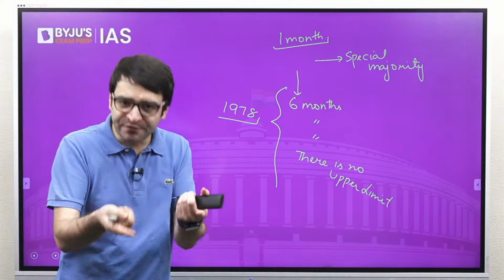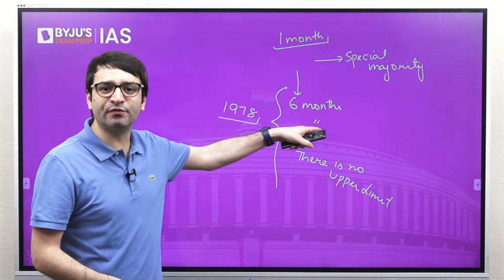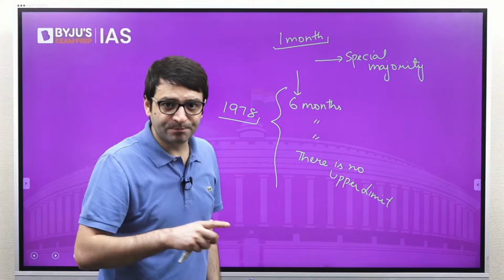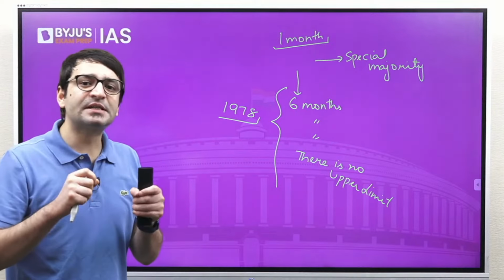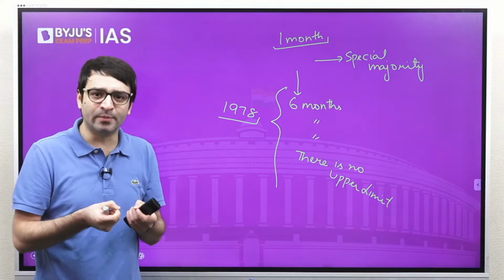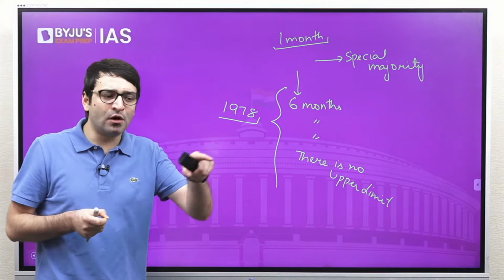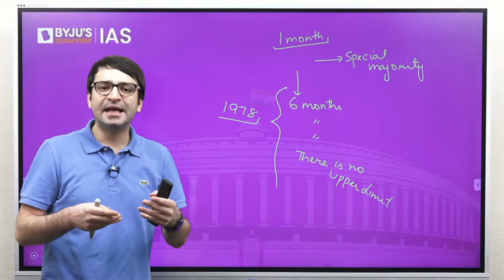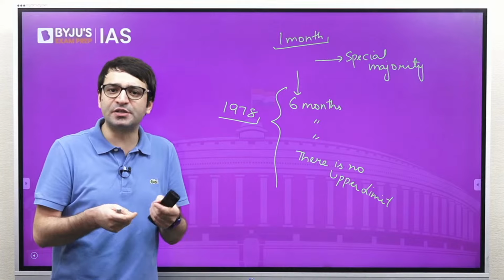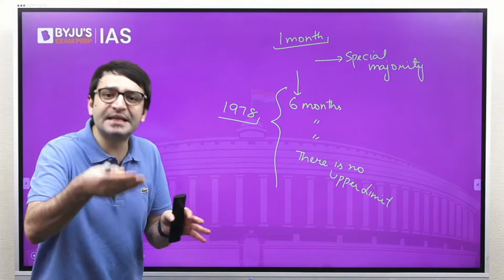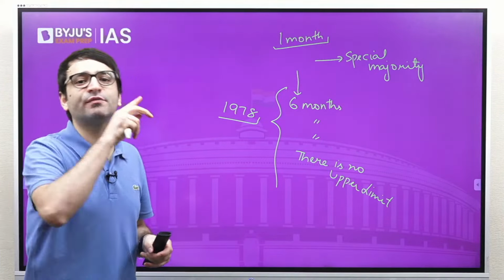Then if we want to extend it further, again seek the approval of the Parliament. But remember this carefully, if the President wants to revoke national emergency, he can do that only on the advice of the Cabinet, and when he is revoking national emergency, there is no need to place this revocation on the floor of the Parliament.